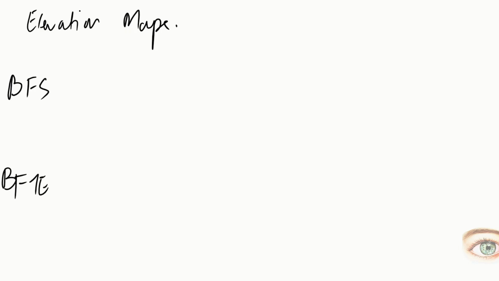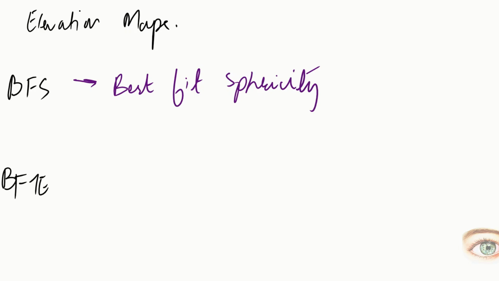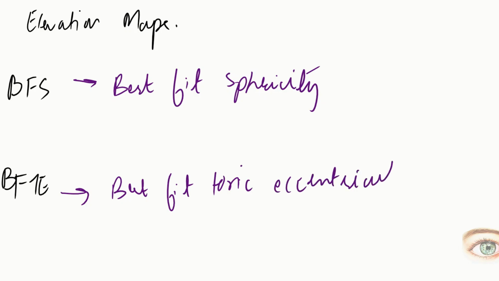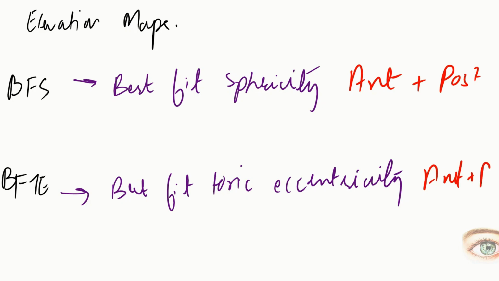Now, BFS means best fit sphericity, and BFTE means best fit toric eccentricity. And both of these maps have an anterior plus posterior division. Now, what are these maps telling us?